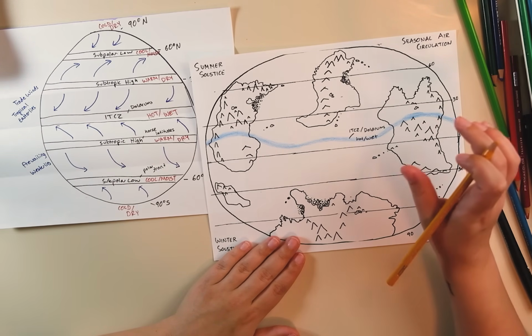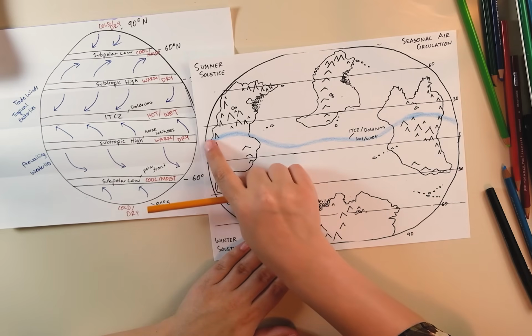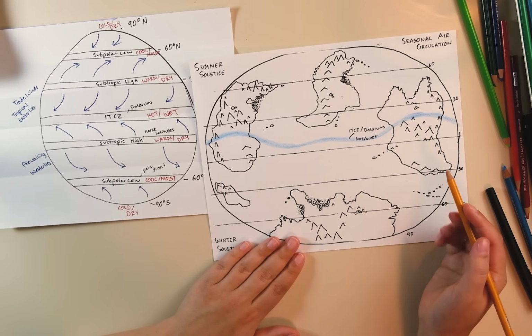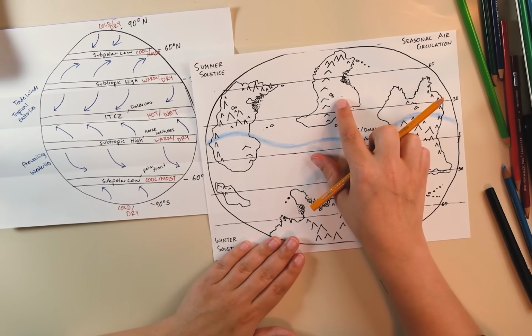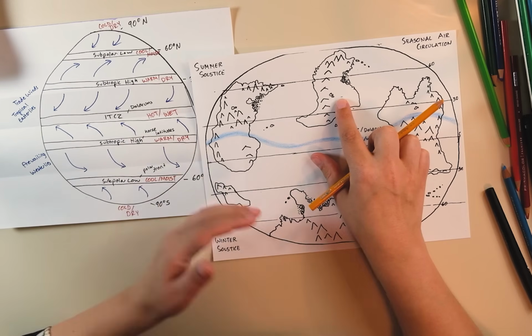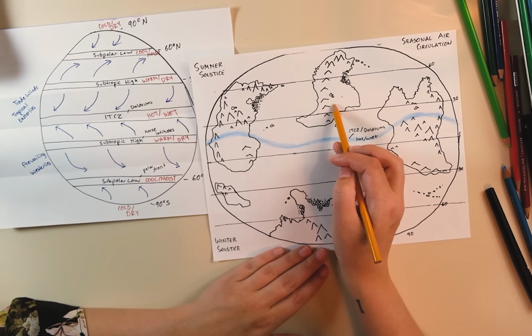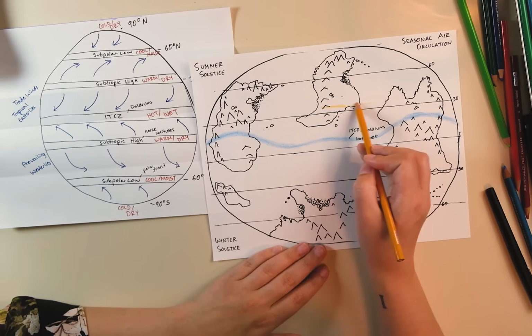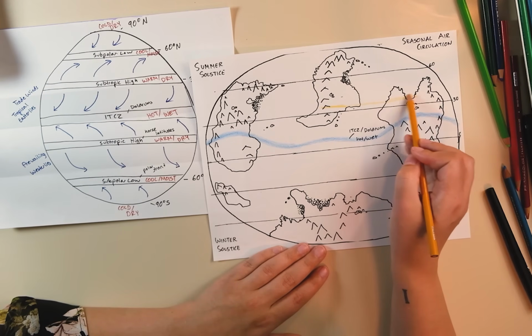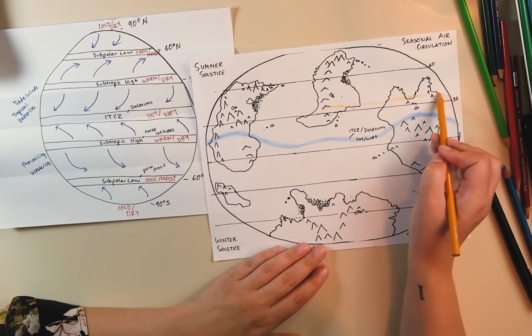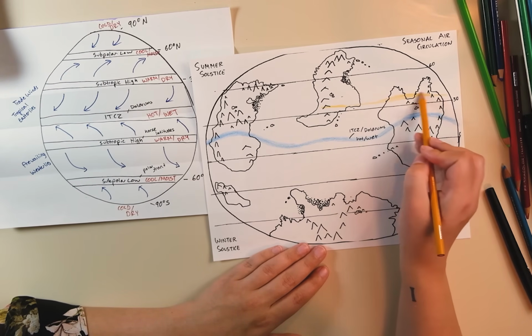And again, this is going to slightly be pushed depending on your ITCZ. So this is summer, right? So they're going to be a little bit closer to the poles, so closer to maybe up here. And I will push them a little bit further up here, but otherwise it'll be pretty constant.